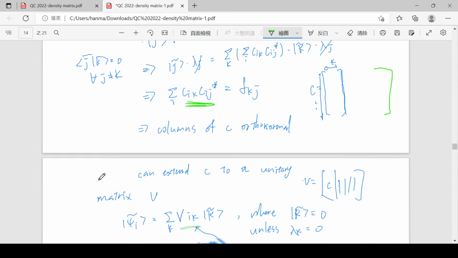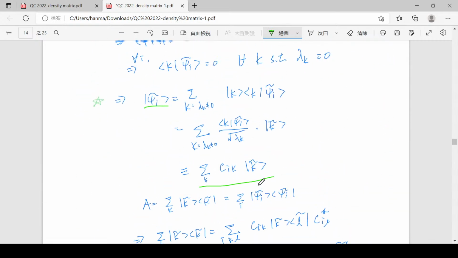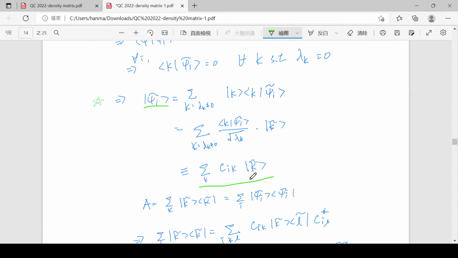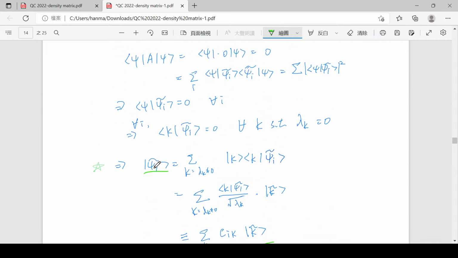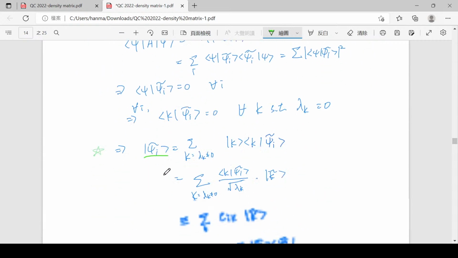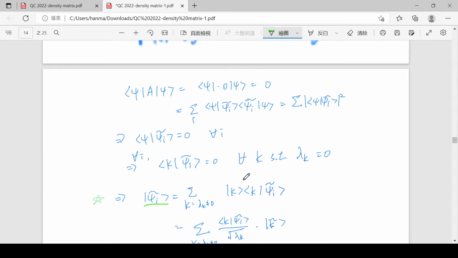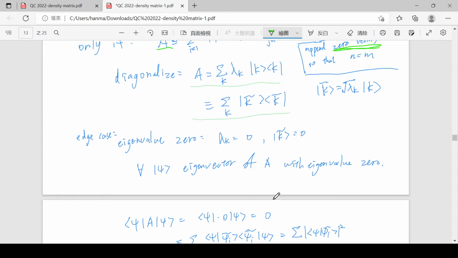Okay, then finally let's check the calculation we need to check. So why is this Cij a unitary? Well, we start from here. So those Cik are found by decomposing those psi tilde into the basis of k. Okay.